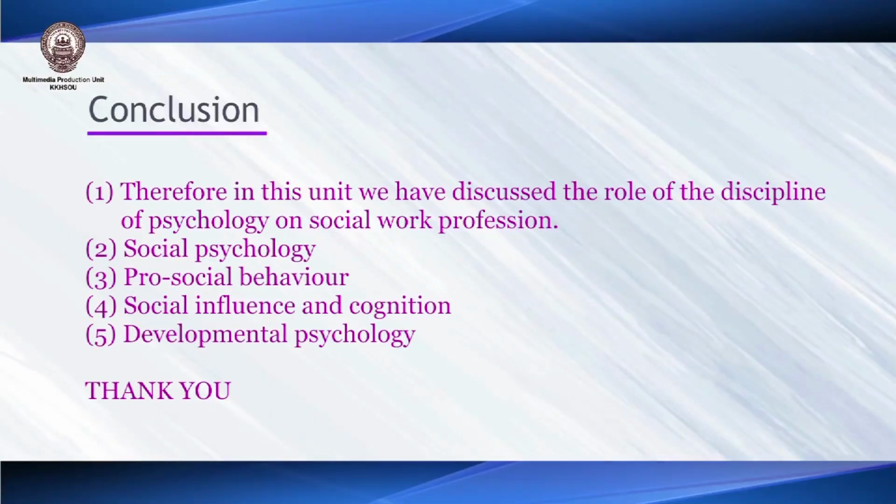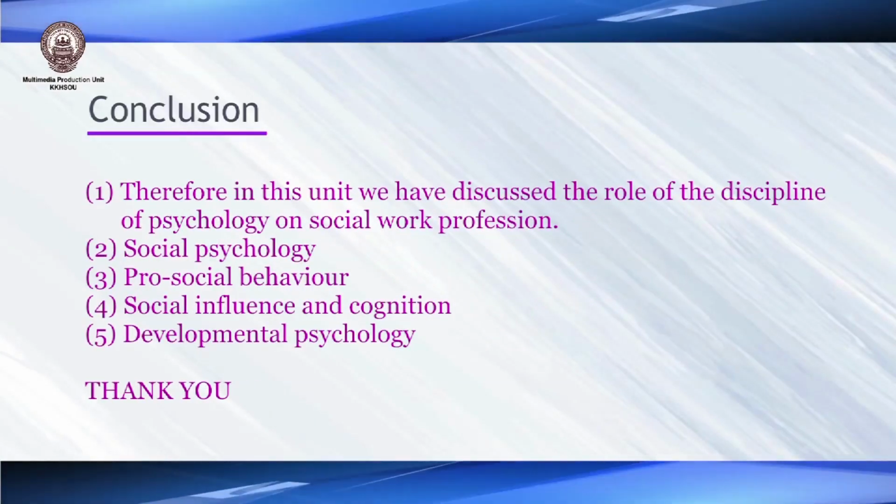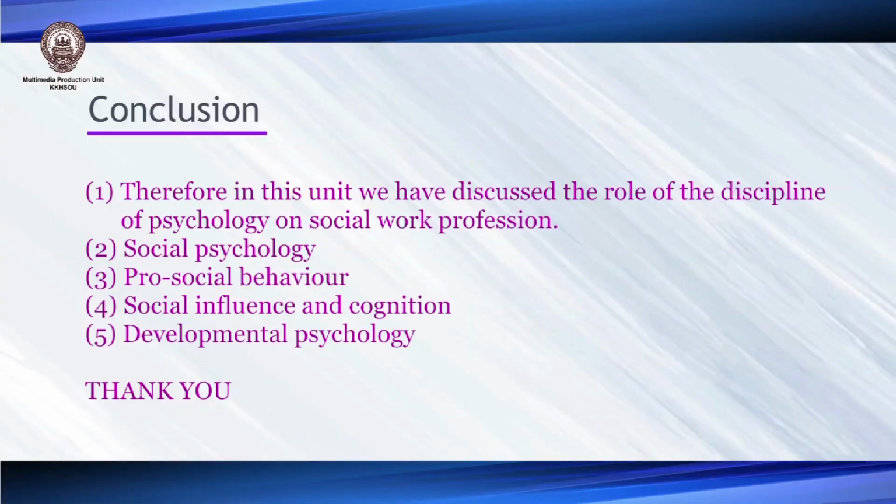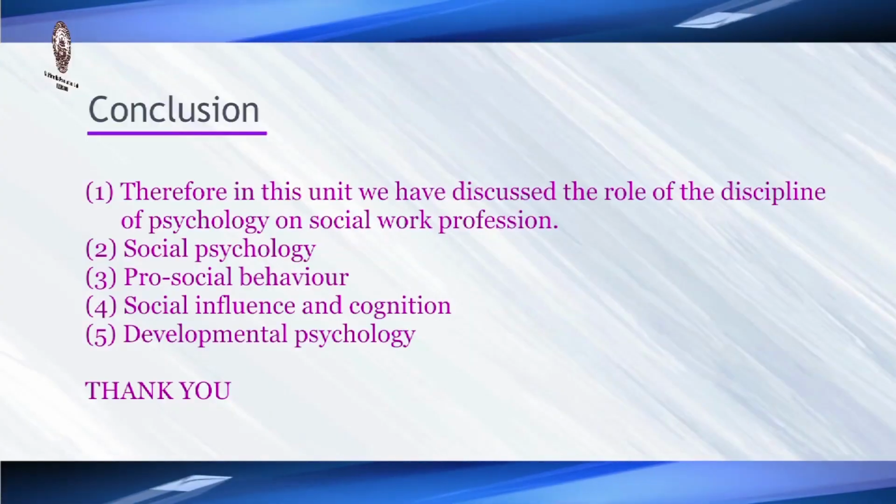So therefore, in conclusion of this unit, we can say that we have discussed the role of psychology and how it is closely related to the profession of social work. We have discussed social psychology, which analyzes socially acceptable or pro-social behavior, and how our mind and behavior are influenced by the behavior of others and the socialization process.